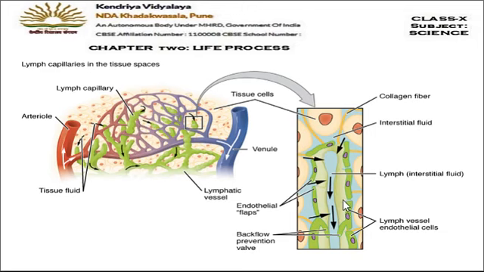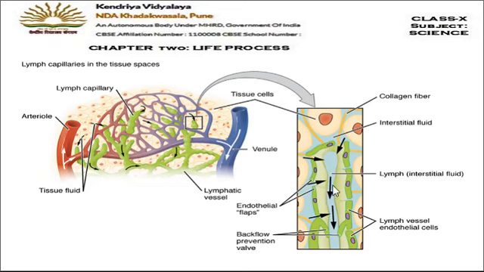In the diagram you can see that the lymph capillaries are made up of small cells. The lymph which is collected outside will exert pressure on these cells, and when the lymph exerts pressure, the cells get displaced, and you can see the arrow here. The cells move apart and there will be a little hole here, and through this space the lymph enters the vessels.